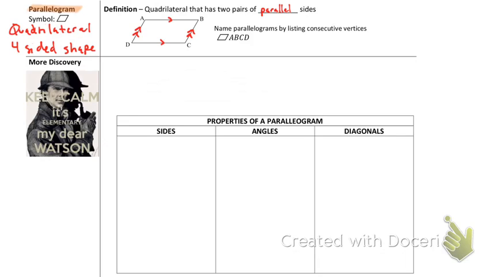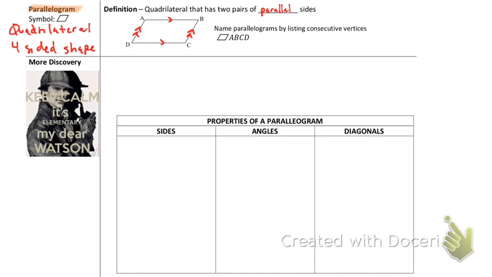The symbol for a parallelogram is this simple slanted rectangle. That's how we write the symbol. And the way we name a parallelogram is basically listing all the vertices in order. So A, B, C, D. The way you would read this is parallelogram ABCD.